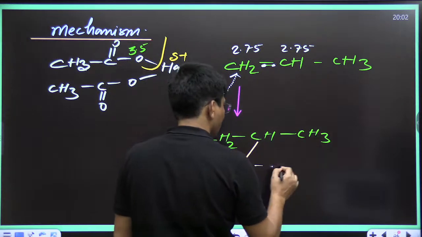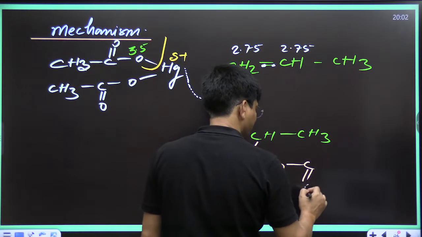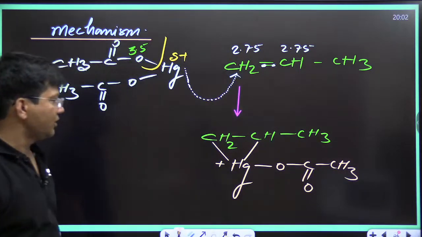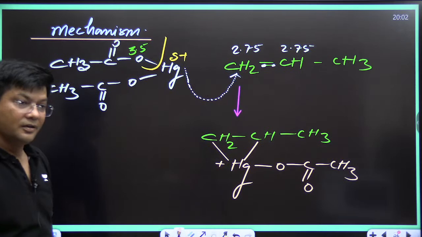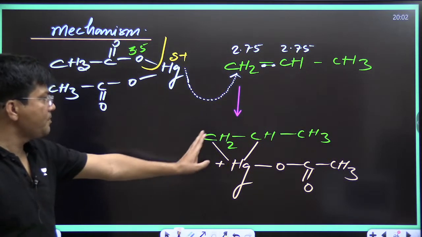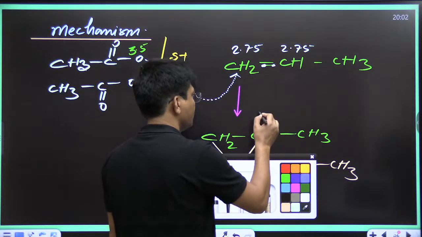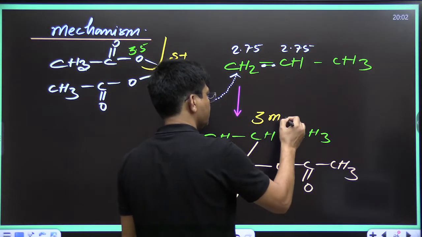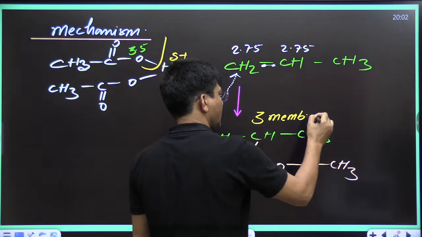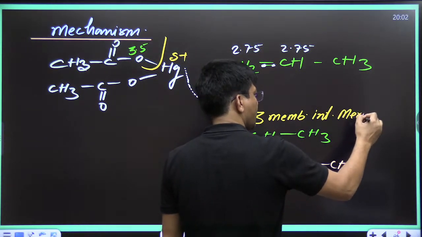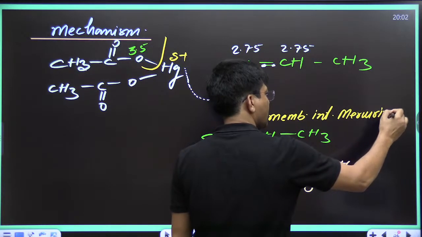But you know, mercury is just interested in the electron. In this way, a three-membered intermediate, mercuranium ion, has been formed.